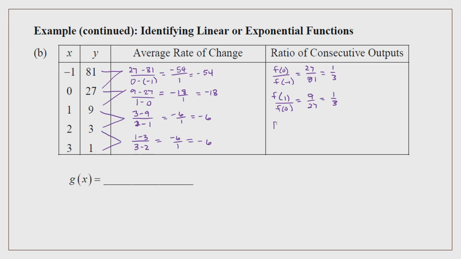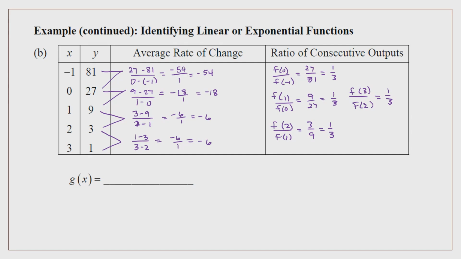Okay. So now the next one is f of 2 over f of 1, which equals 3 over 9, which simplifies to 1/3. Okay, so this fourth one should also then equal 1/3 as well. Let's verify f of 3 over f of 2, and that equals literally 1/3. All right, so I have a constant of 1/3 for my ratios.